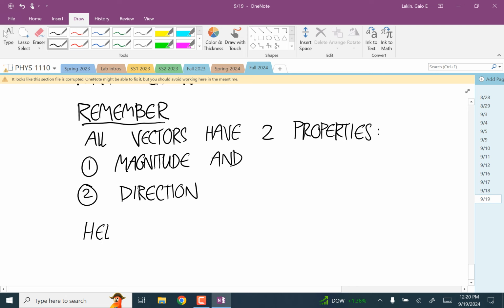So it's helpful to think of the velocity vector this way, breaking it up into magnitude and direction.